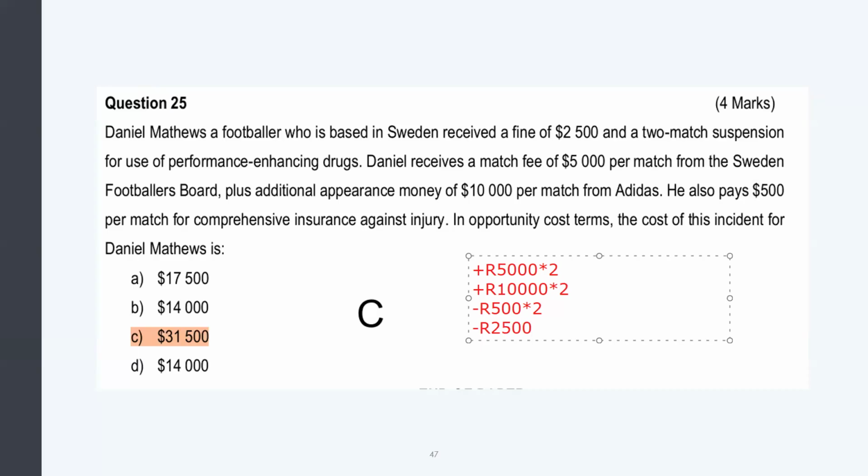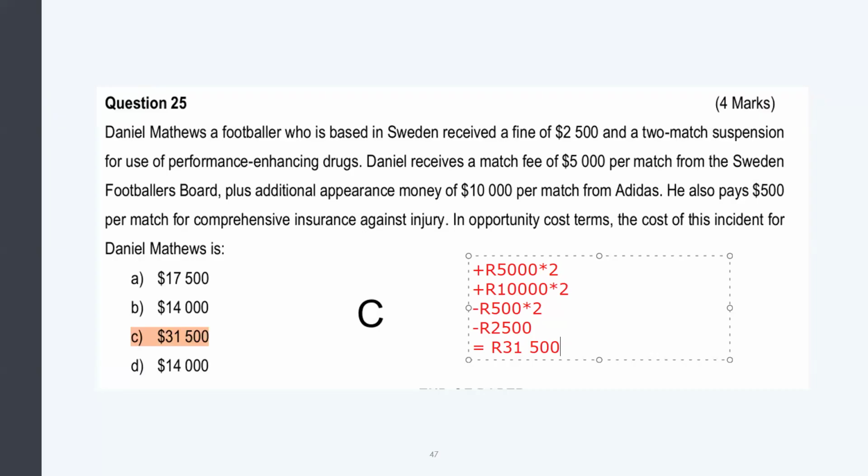For the fine. If you put all of this money together, it becomes 31,500. So that is the opportunity cost of the decision to take performance enhancing drugs to Daniel. It is the loss of 31,500 rands in money terms.